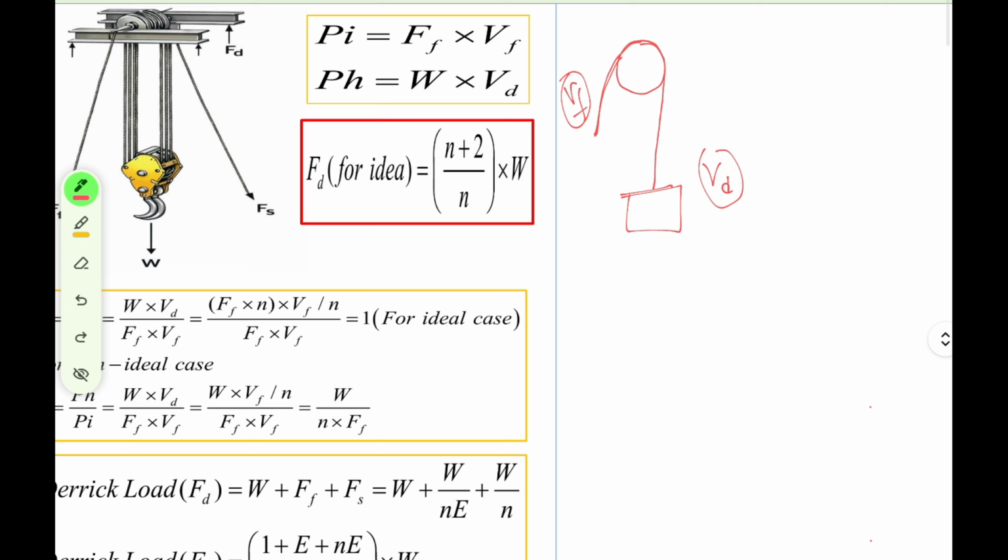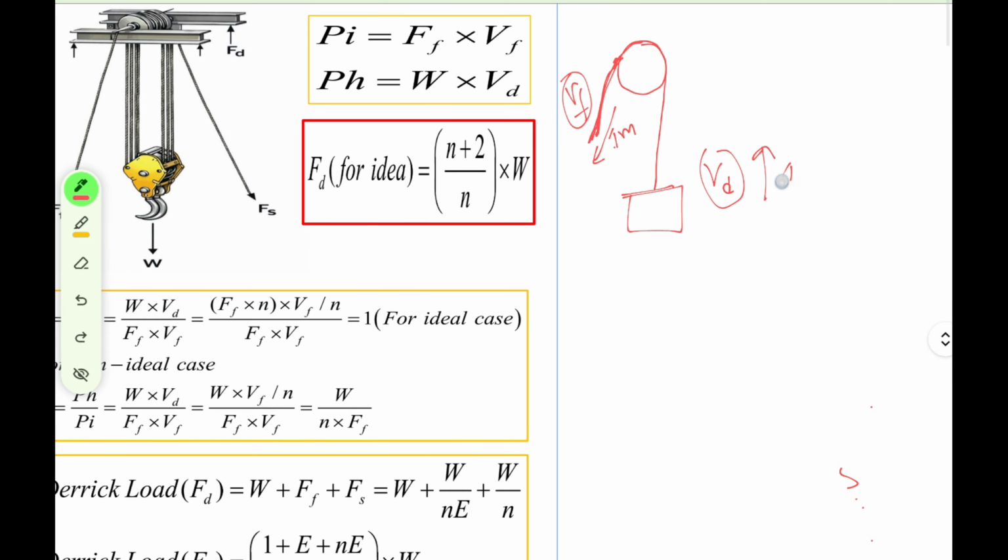So what happens in this general case: if you pull this by 1 meter, this will rise by 1 meter.